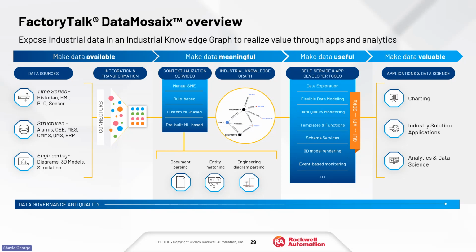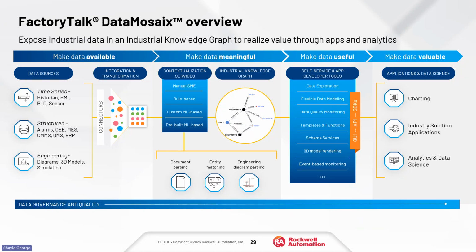This can be time series data from your historian, structured data, as well as 3D model engineering data, and things of that nature. This is both at the edge, on-prem, or in the cloud. Those data sources are then extracted into Data Mosaics, and that data is transformed into data objects. These are assets, time series, or events.